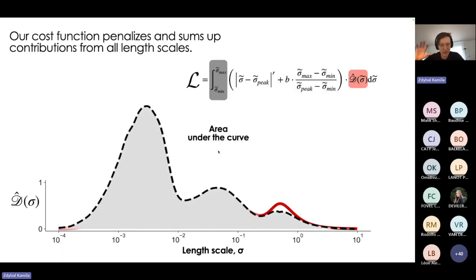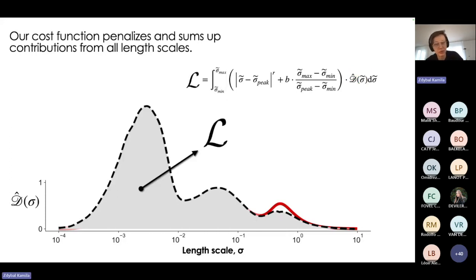And now the last step that we do is we compute the area under that curve. And that's it. So this integration from the smallest length scales to the largest length scales, those are the bounds of the integration, and that computes the area under that curve. And now that we get an area, this is just a number, a single numerical value.